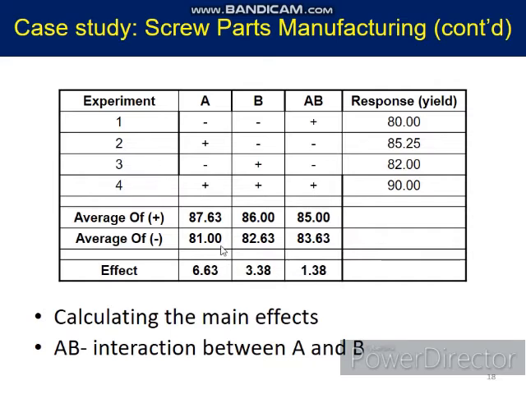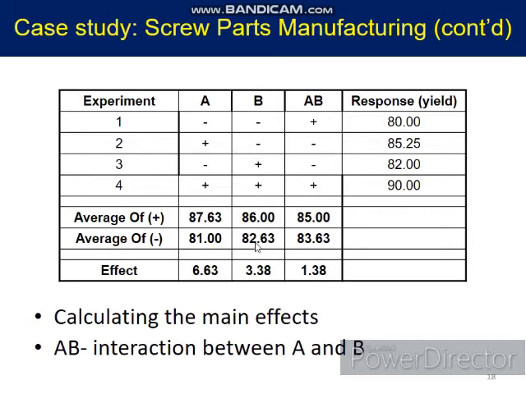If you look at it, this tells you that as you change the level of factor A from low to high, you're going to have an increase in the yield of 6.63. Factor B is spindle speed.